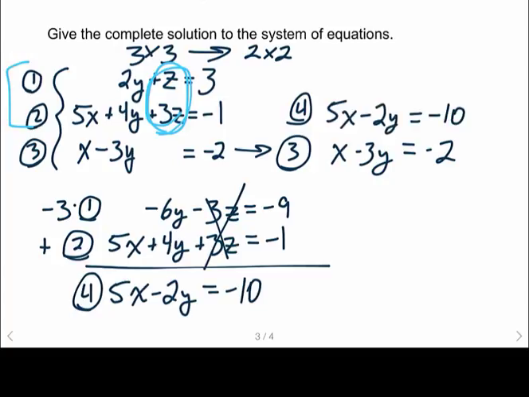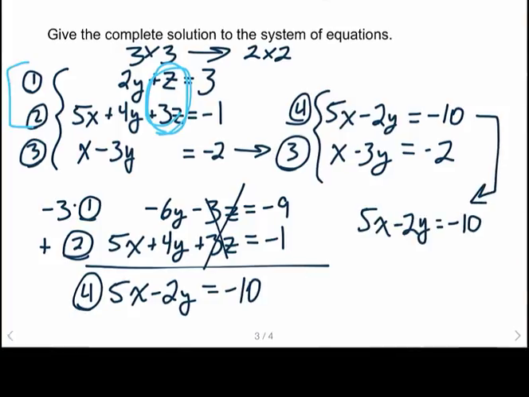And now we have kind of like a brand new starting point. This system, 5x minus 2y equals -10, and x minus 3y equals -2. Equation 4 I'm going to use as is. Equation 3, we're going to multiply both sides of it by -5, and in so doing we're going to add and then eliminate the x's.